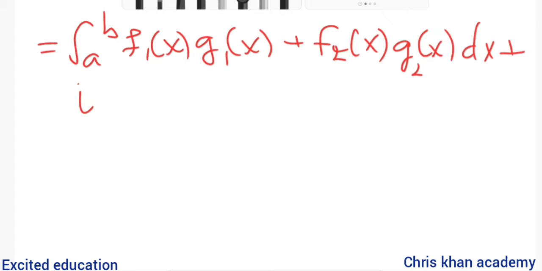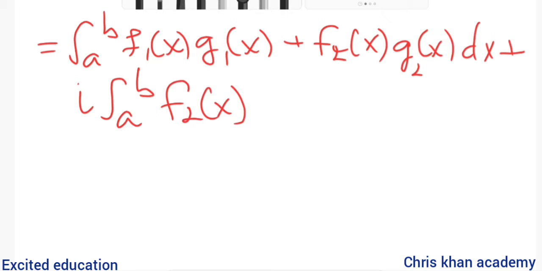Then plus i times the integral from A to B of f2(x) times g1(x) minus f1(x) times g2(x), dx. The first part is the real part, and the second is the imaginary part.